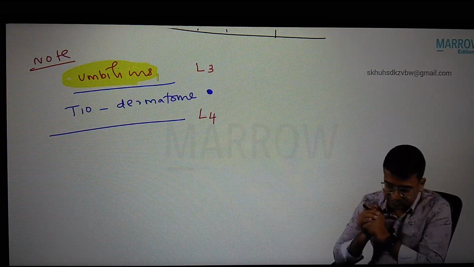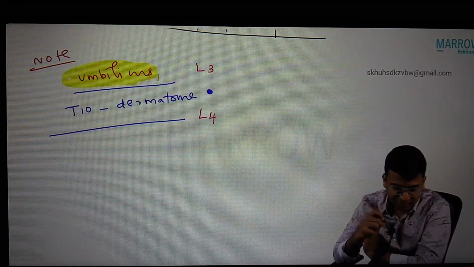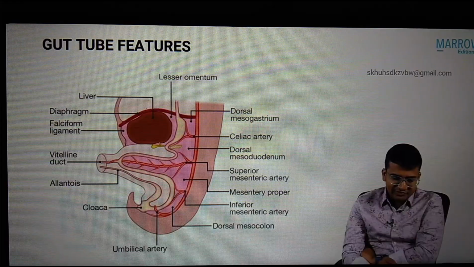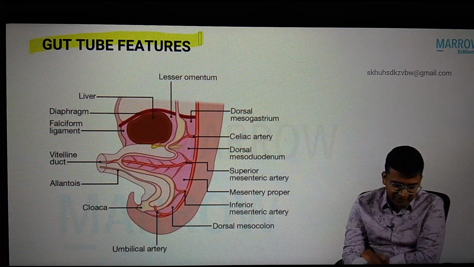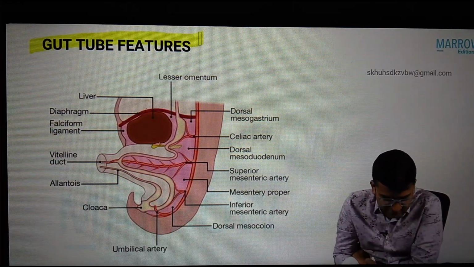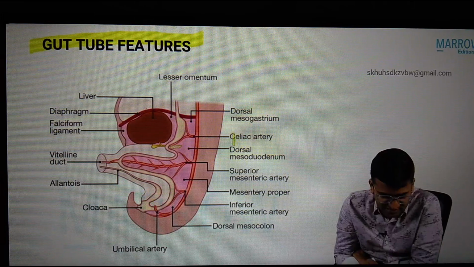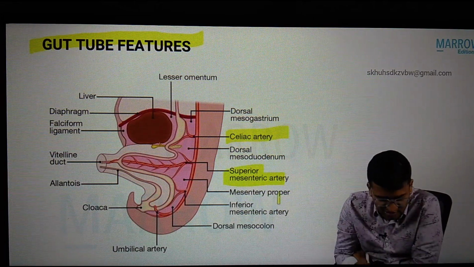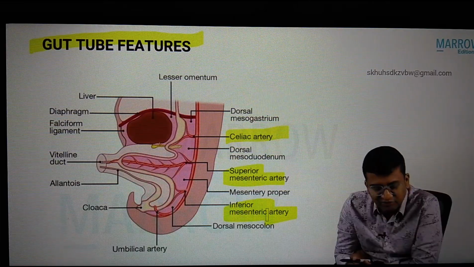So that's all about the gut tube development. In the diagram, we see the gut tube, and in the dorsal mesentery the arteries: the celiac artery of the foregut, the superior mesenteric artery of the midgut, and the inferior mesenteric artery of the hindgut.